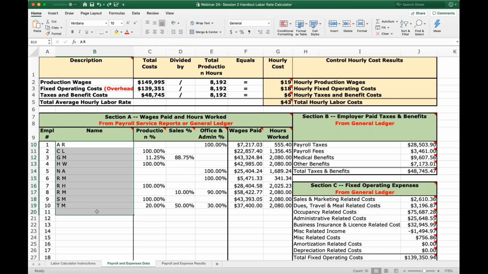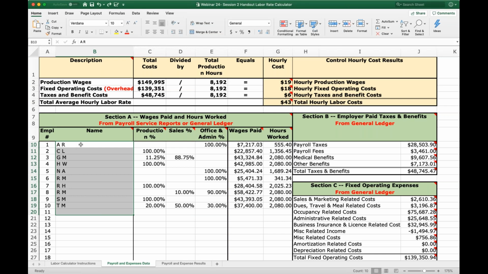If an owner was on the payroll report, we pick up the numbers, because some owners spend a little bit of time, believe it or not, in the production side or in the sales side. So it's whatever they show on a payroll report.